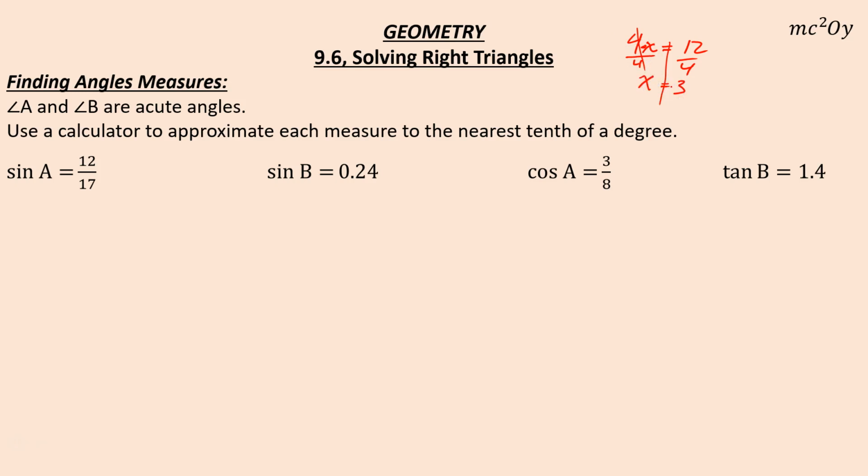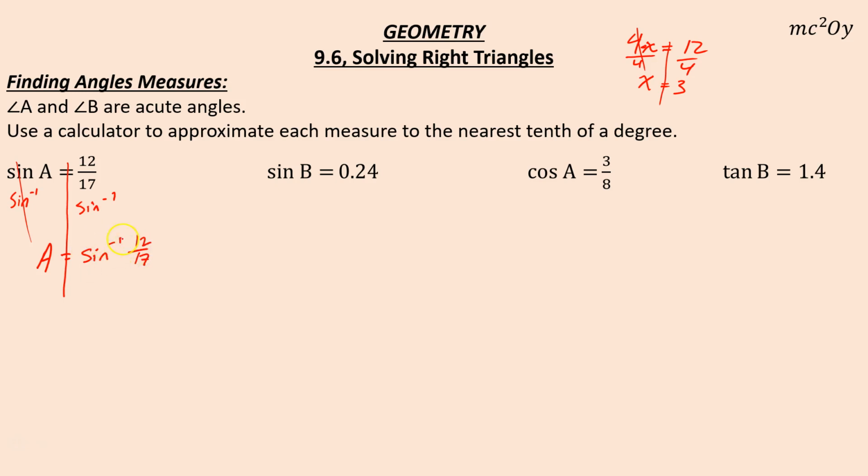Well, same thing applies here if you want to think of it that way. To get A by itself, I have to take the inverse of sine. And the way we do the inverse of sine, you usually don't see this in a book, we actually say inverse sine of both sides. But really, that's one way you can think about it. Those cancel, I'm left with A, the inverse sine of 12/17.